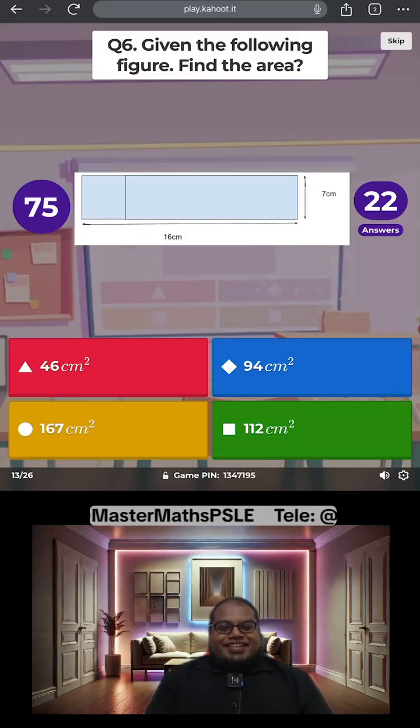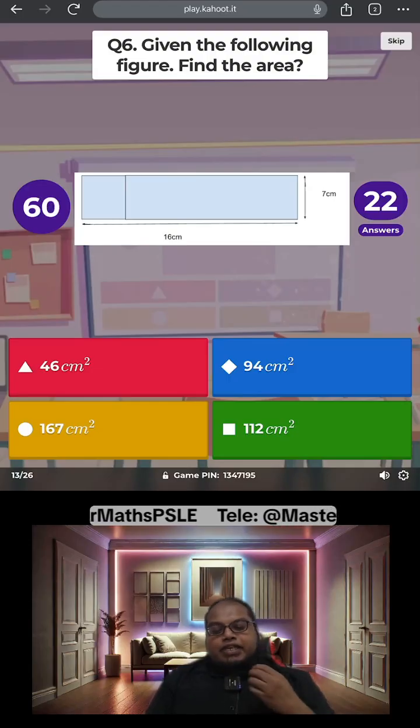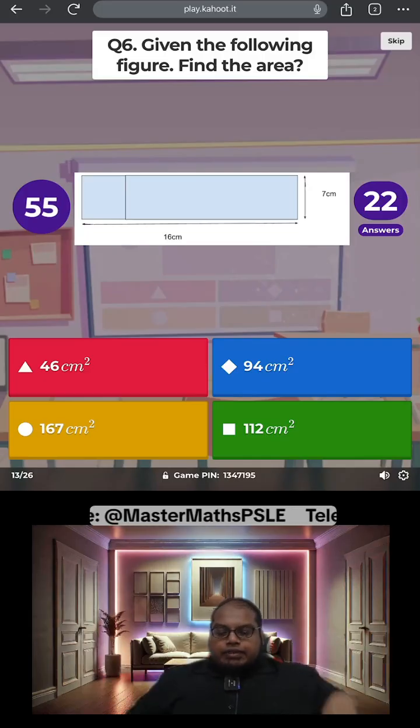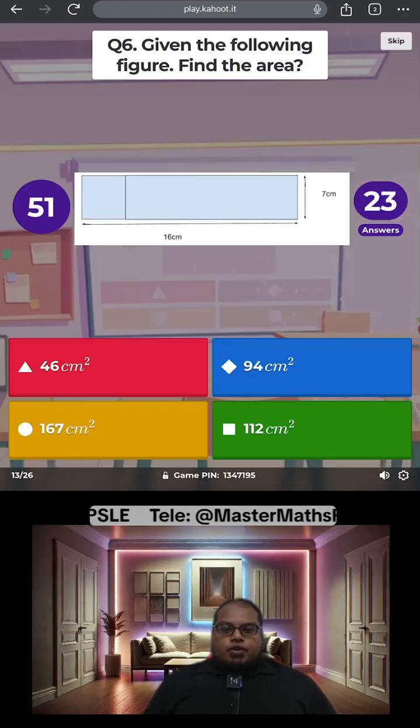I didn't really specify for this question, but you can see that when you put the rectangle beside the square, it just forms a bigger rectangle. Okay, very good, Danish. We will see in a while if you have selected the correct answer or not.